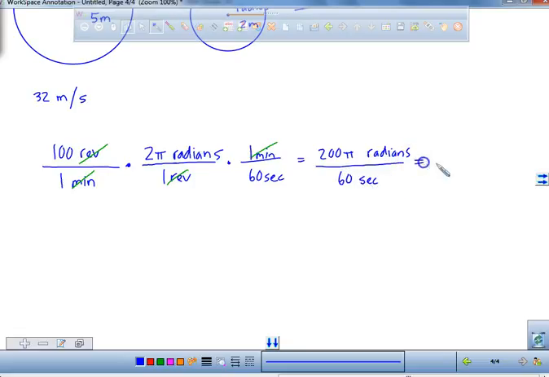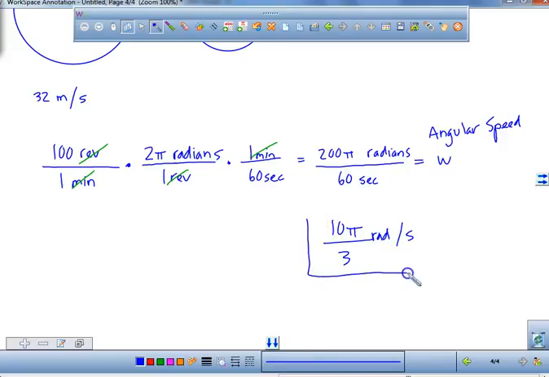Now everybody, this right here is W. This is your angular velocity or angular speed. This is how fast the radius is going around the circle. Now this will reduce to 10 pi over 3 radians per second.